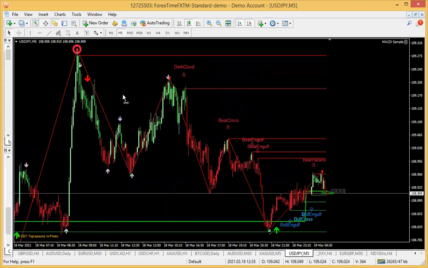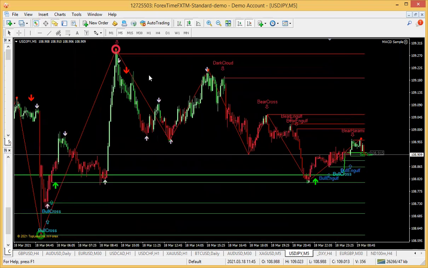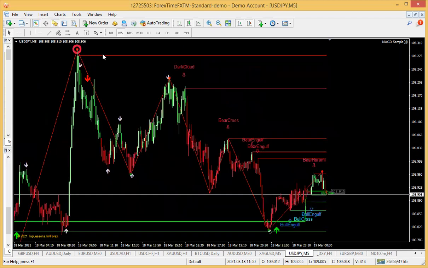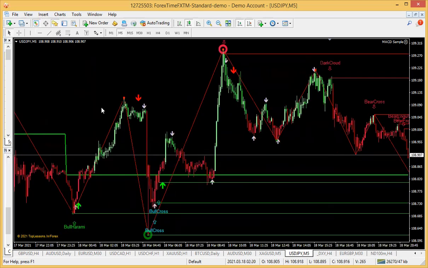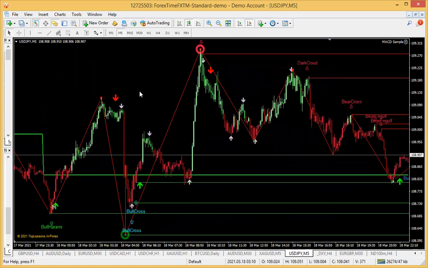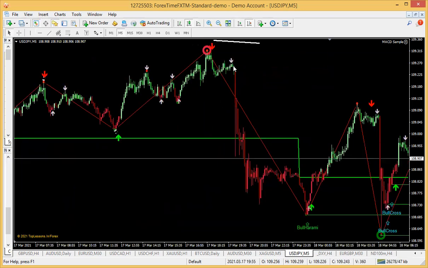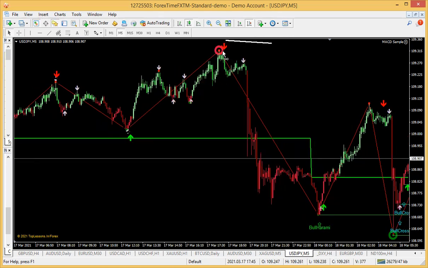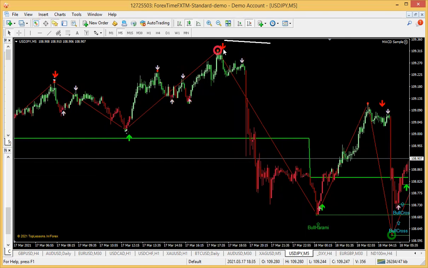Let me give you an example. This is the candle. Once this particular red arrow comes out, you don't jump in immediately and start selling.